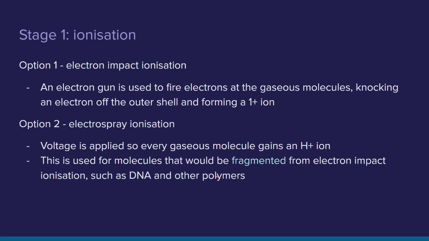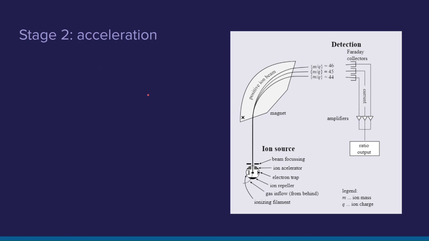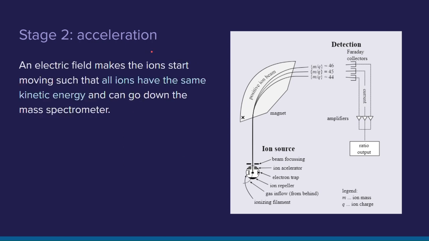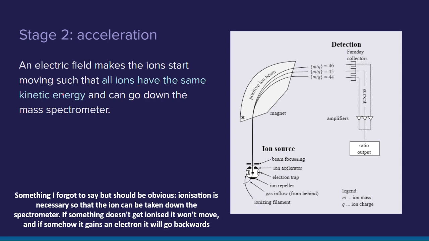This is used for molecules that will be fragmented from electron impact ionization, such as DNA and other polymers. Got to keep them together. The stage 2 is acceleration, where an electric field makes the ions start moving towards the negative side because they're positive. And all ions will have the same kinetic energy, and they will go down the mass spectrometer.